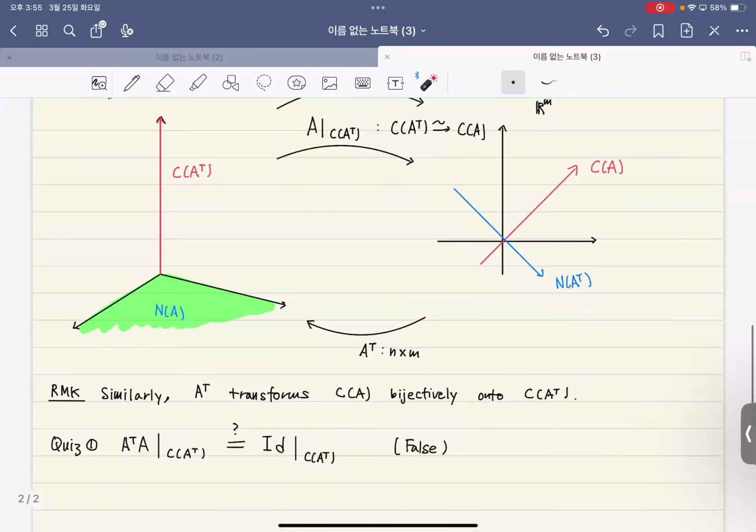Well, this is clearly a bijection. If you compose these two maps, it is clearly mapped from this space to that space, and this is again a bijection because you have composed two bijections. Therefore the resulting map has to be a bijection. But not every bijective map is the identity, right? So this may not be the identity.